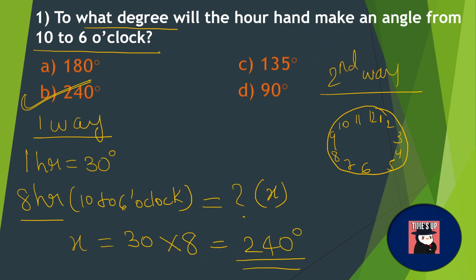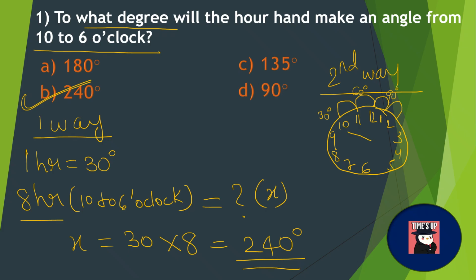Now, from 10 to 6 o'clock they have said. So, 10 to 11 will be 30 degree, because each hour makes an angle of 30 degree. So, if this is 30, then 11 to 12, again 30. So, it will become 60. Then again from 12 to 1 if you go, it will be 90 degree.